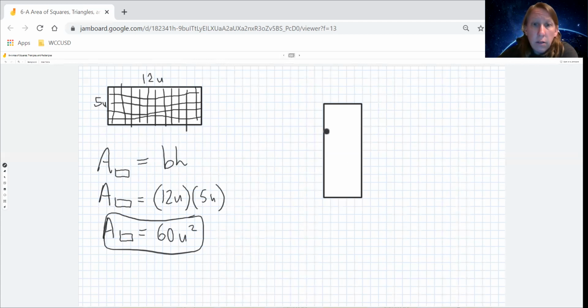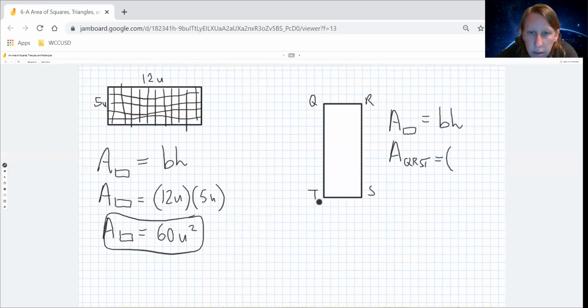All right, what about this rectangle? Let's call it rectangle QRST. Okay, the area of rectangle QRST is, I actually did that wrong. I don't like that. So you should always start with the general formula. So the area of any rectangle, I usually just draw a little picture of the rectangle, is base times height. We could do length times width. The area of this rectangle, QRST, this is one way you could show work, is, what's the base? 1, 2, 3, 4, 5, 5 units.